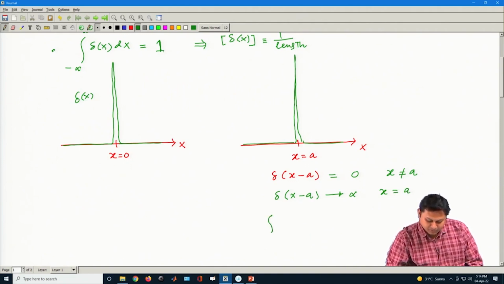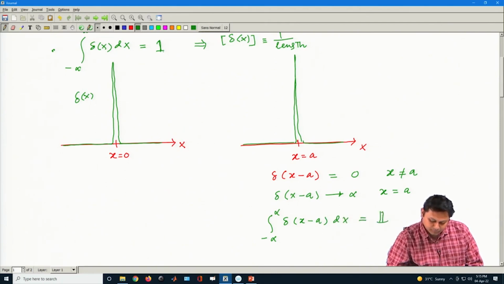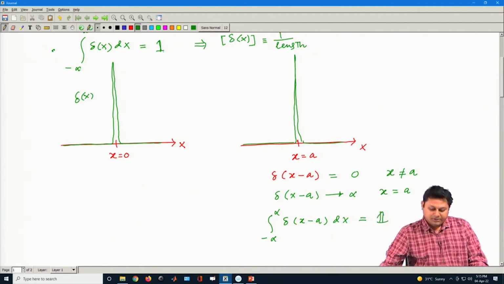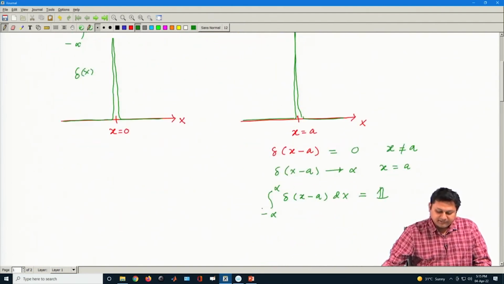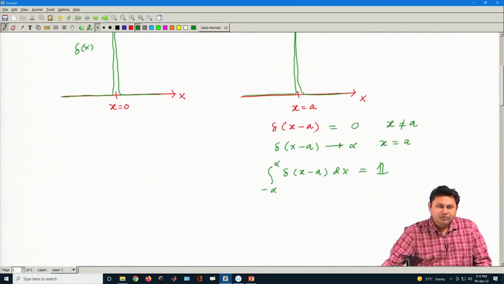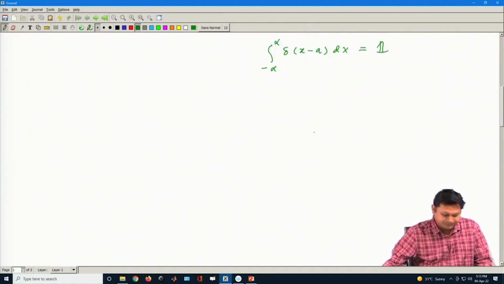If I integrate delta x minus a dx from minus infinity to infinity in one dimension, this gives me the value 1, like before, but this is a general form where we make a coordinate shift.